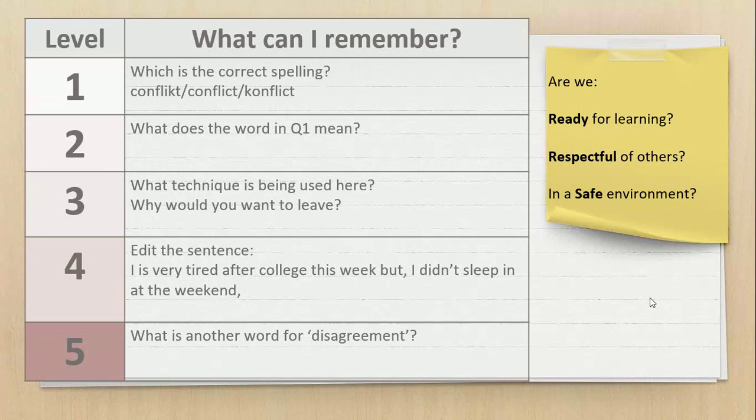Now, if I was talking about he or she or it, the verb is fine. But when we use the word I to talk about ourselves, we can't use is. So that needs to change to I am very tired after college this week.